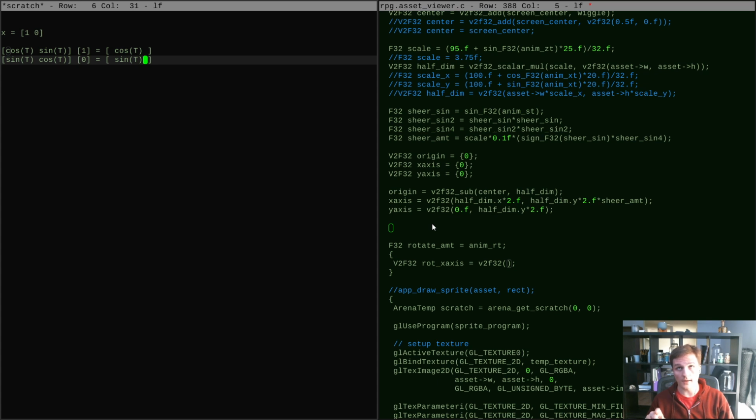That's definitely right. Now if I put in 0, 1, and I rotate it by some amount, the x value is initially supposed to be sine t.